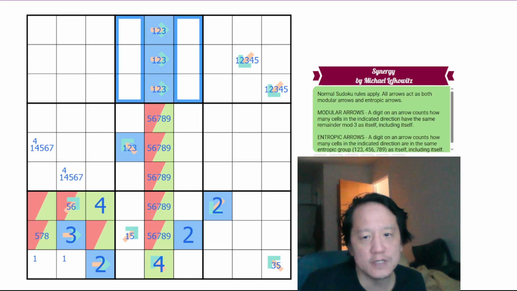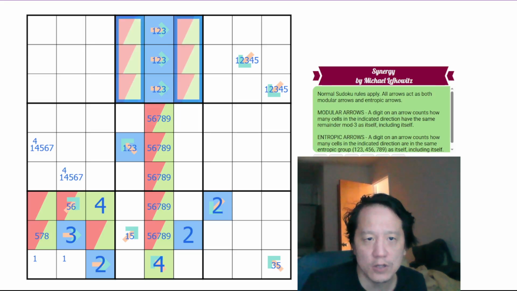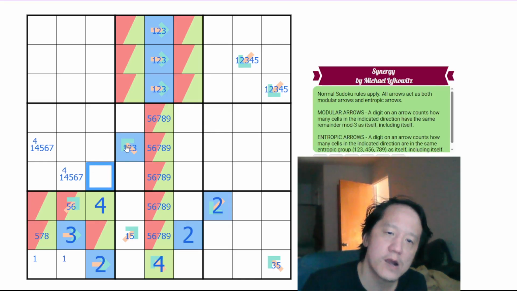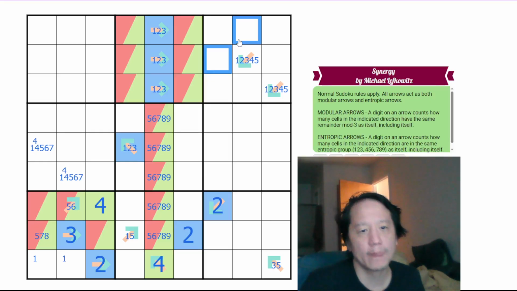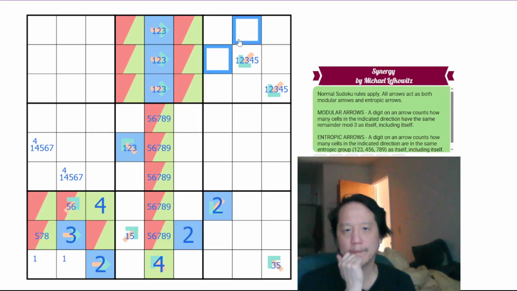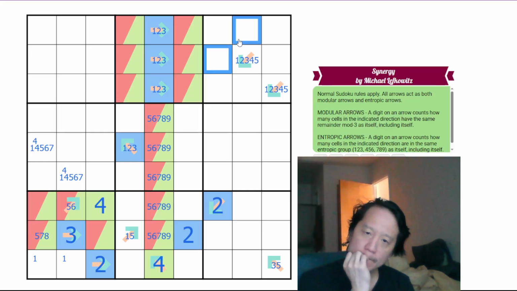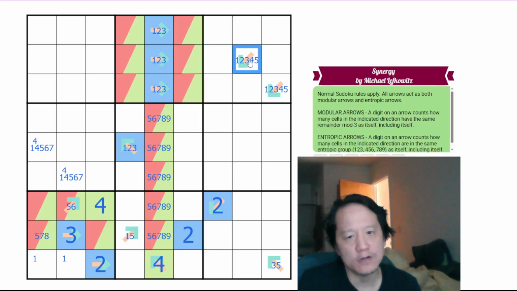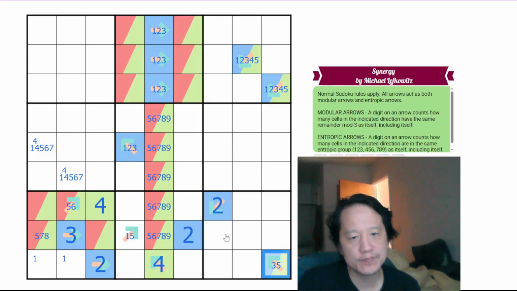Rest of these digits in box 2 are low and high. These are low or middle. This is low or middle.